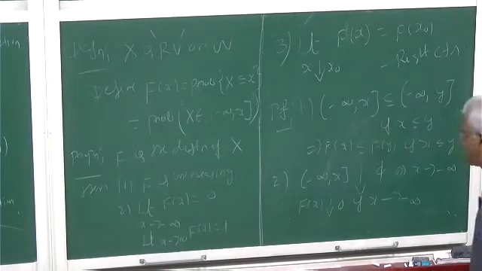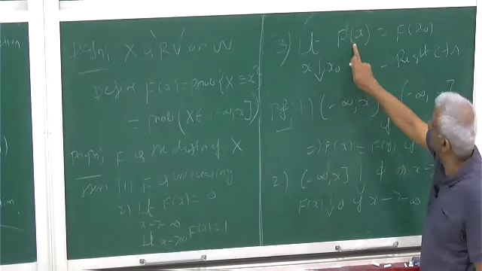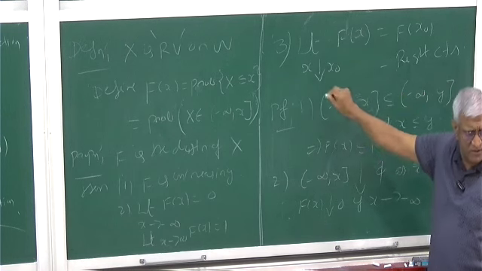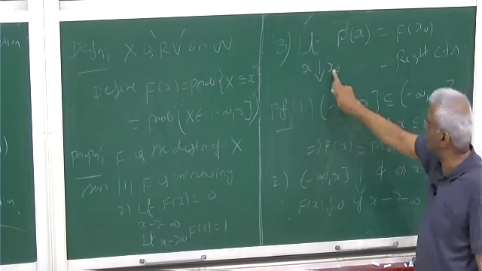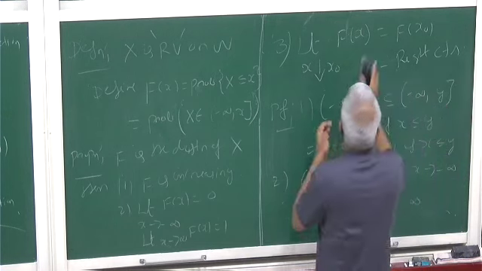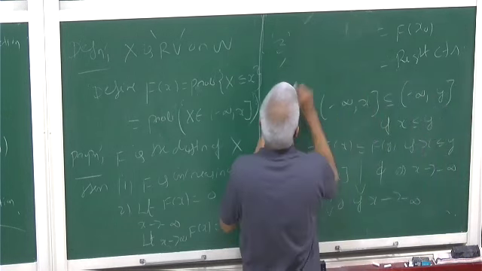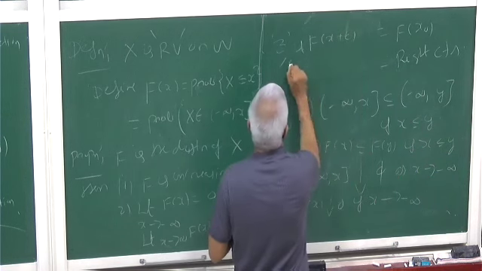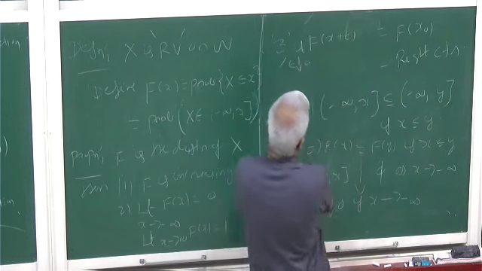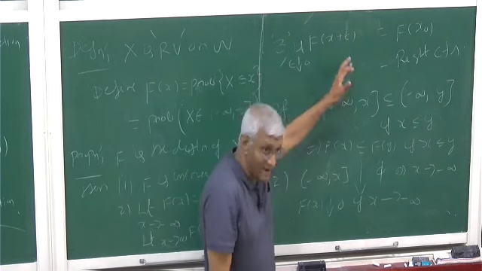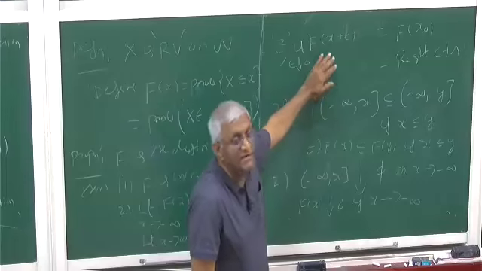Limit here. This is a number, x decreases to x naught. This is a notation, you know, no? You don't consider something less than x naught. If you want, you can take sequences F(x plus epsilon) where epsilon goes to 0, or you take 1 by n and do that, because the limit will exist here.